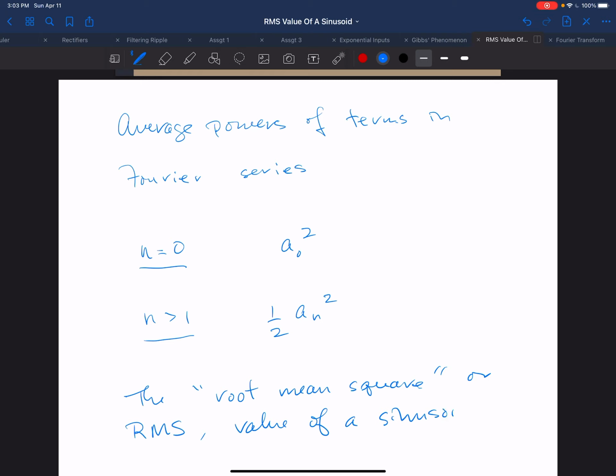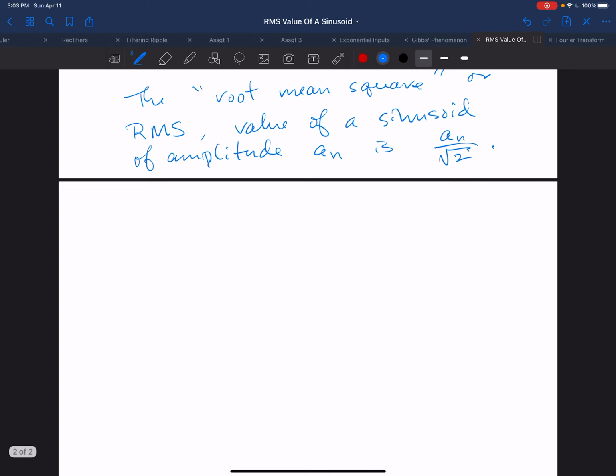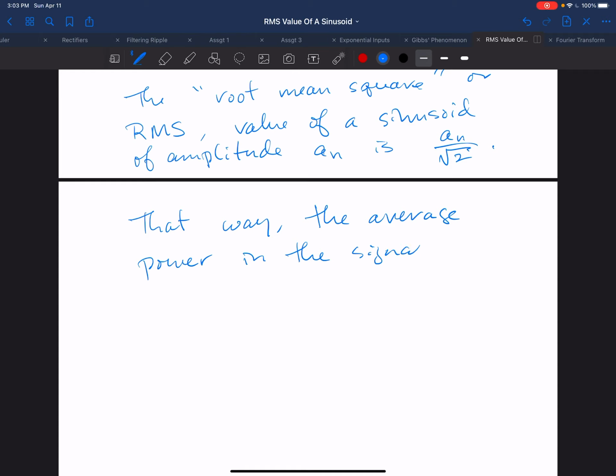So if we have a sinusoid, for instance, with an amplitude a sub n, we simply divide that value by the square root of 2. So that way, the average power in the signal is simply the square of the RMS value of the signal.